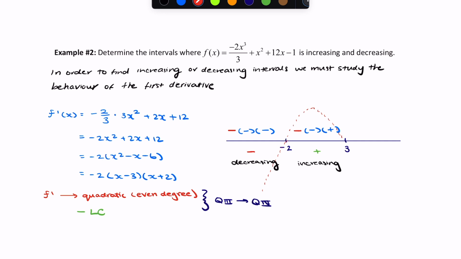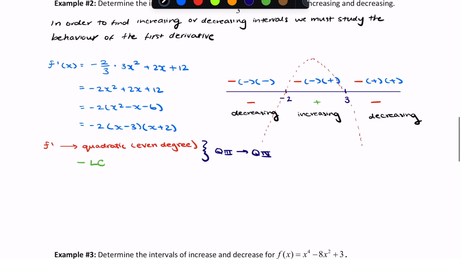And then finally, from 3 to infinity, with our leading coefficient negative, we sub in a value greater than 3, let's say 5. 5 minus 3 gives us 2, a positive value. And then 5 plus 2 gives us 7, which is positive as well. So negative times positive would give us negative. And so between 3 and infinity, it is decreasing.